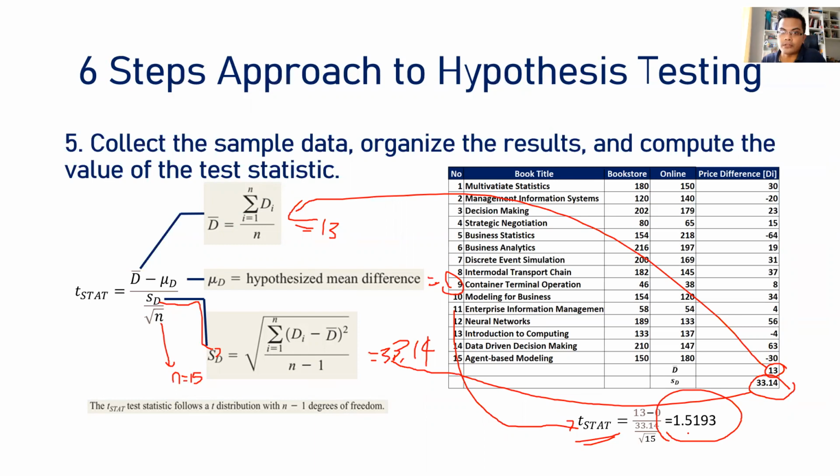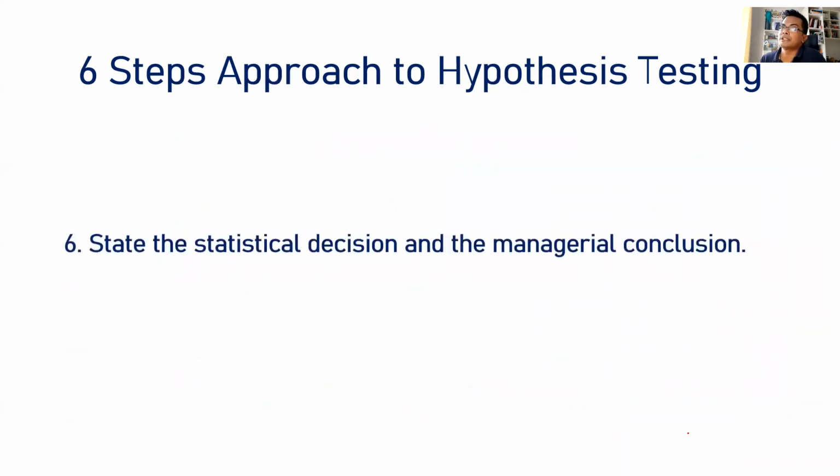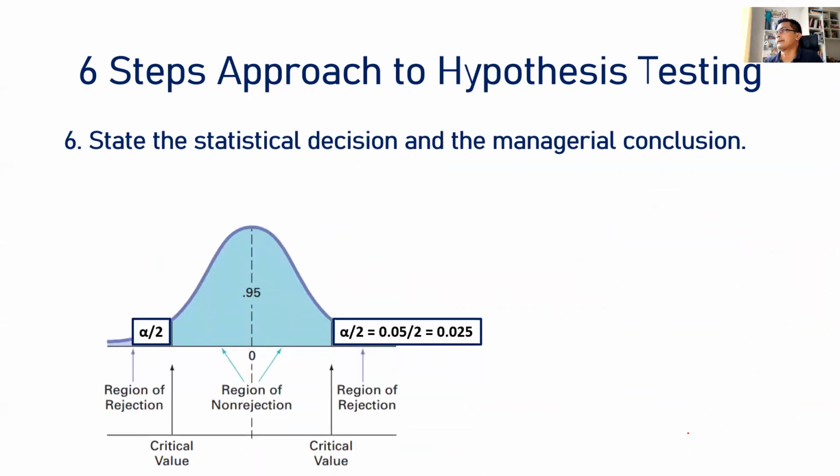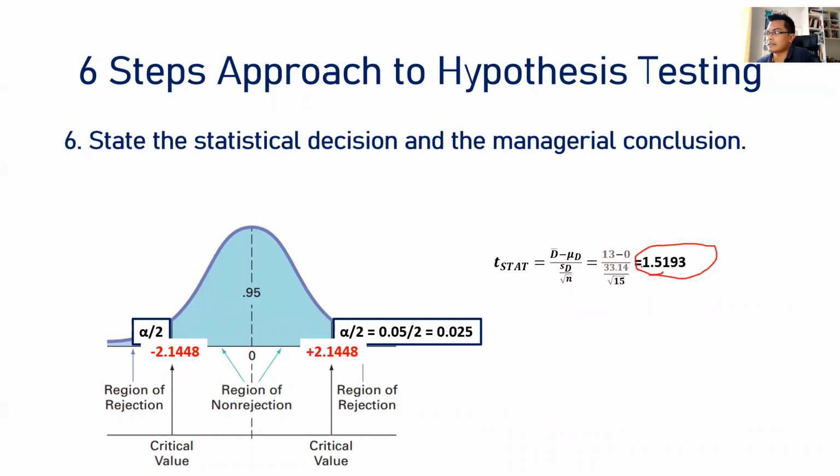Now we go further to the sixth step, which is to state the statistical decision and managerial conclusions. It's really easy. We have already the critical value. We defined at the fourth step that the t critical value is between minus 2.1 and plus 2.14, and the test statistic calculation equals 1.5, which is located around here, right?